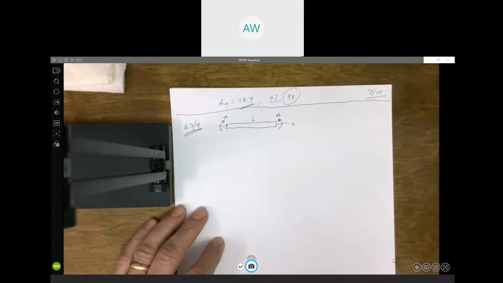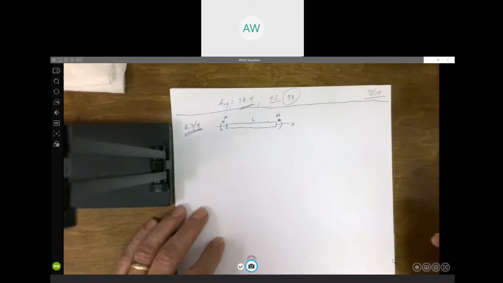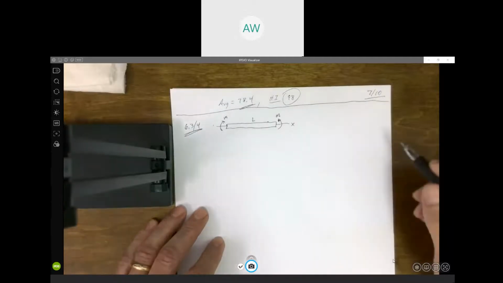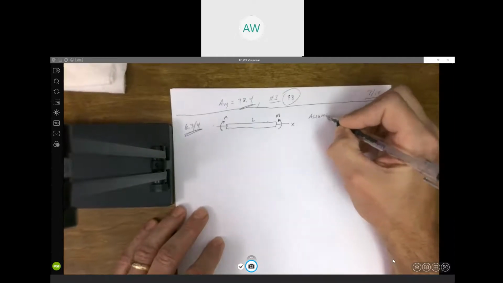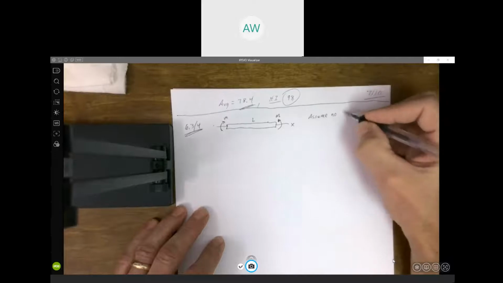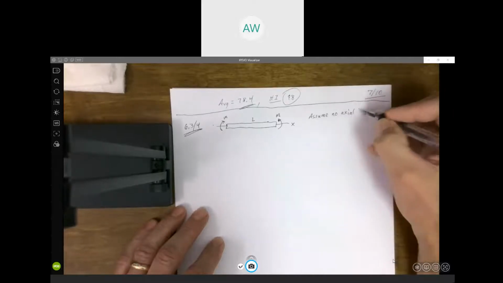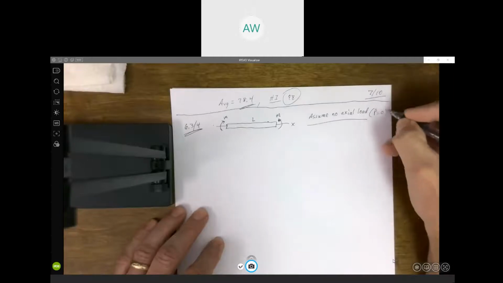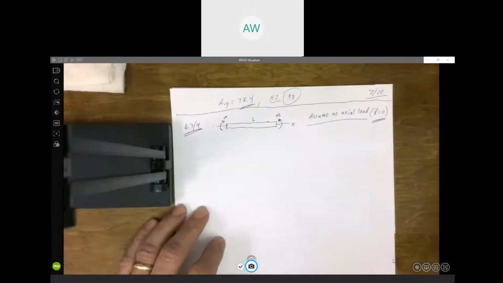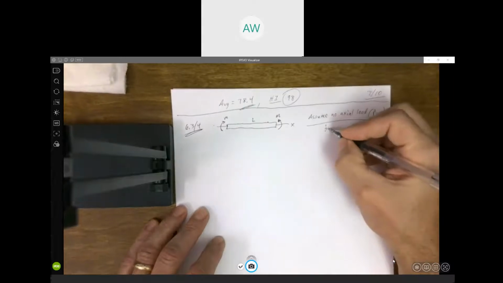Part of the beam is going to be in tension, part of it's going to be in compression. And the formula we're going to come up with today will tell us what the magnitude of that tensile and compressive stress is. One thing I may have mentioned yesterday, but if I didn't, I want to make sure everybody's with me here. We're assuming that we have no axial loads applied. So the axial force P is going to be 0. We're just bending this.